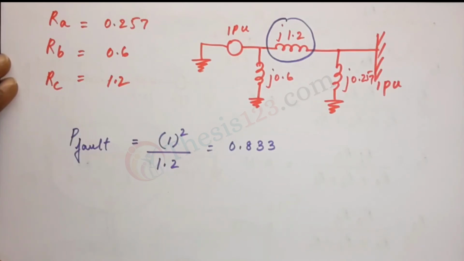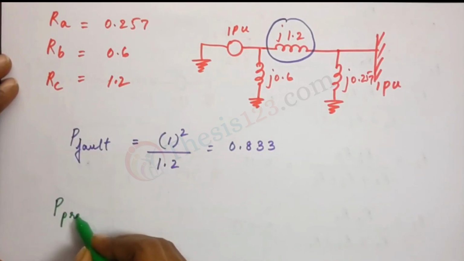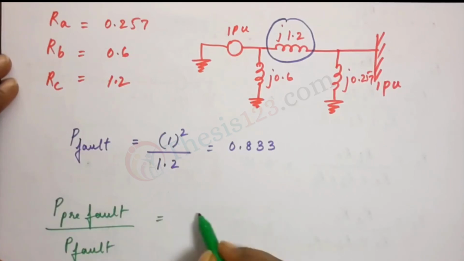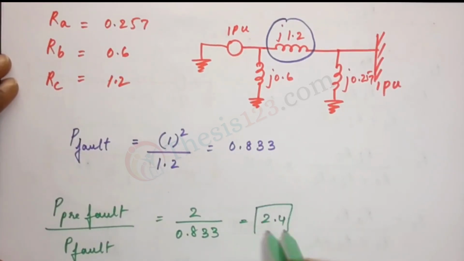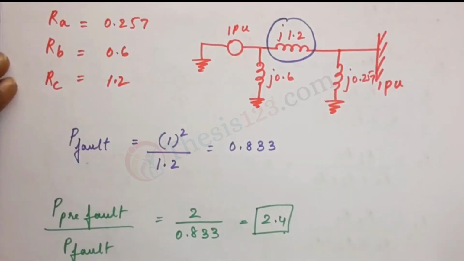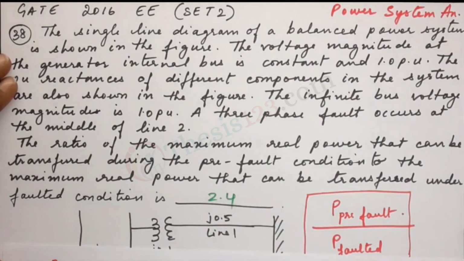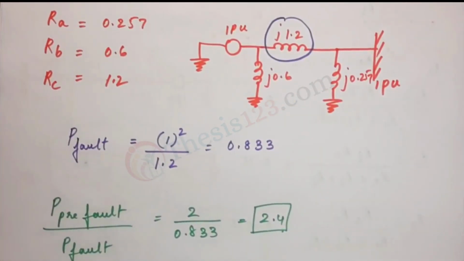The ratio in the question, as we started off with, is P at pre-fault divided by P at faulted condition. So that's 2 divided by 0.833, which comes to 2.4. So 2.4 is the final answer for this question. 2.4. Well, I hope this has helped.